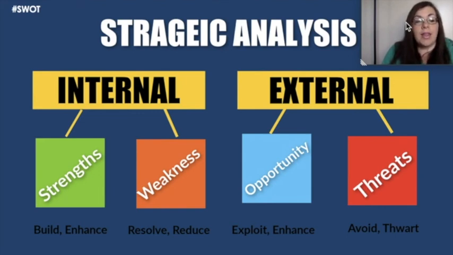And then finally, threats. Avoid and thwart them. So if you see a threat to your business, how can you position your business away from that threat? How can you minimize that threat to your business? This is important, because if you see that your major competition is in one area, for example, avoid even touching that until you grow your core practice, your core client.